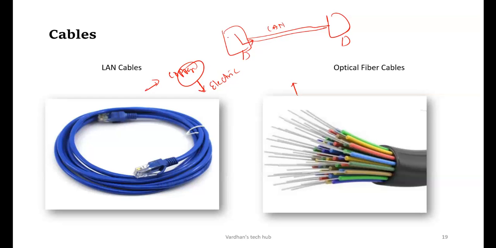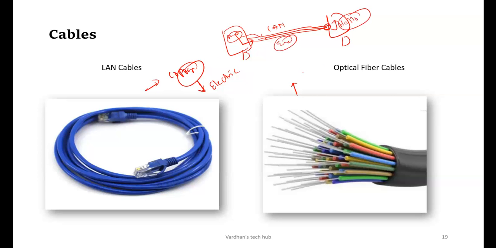Suppose you are sending a hello message, it won't send hello as such in the cable. It converts into an electrical signal, and when it reaches the destination, the signal is converted back to the normal message you sent, like hello.